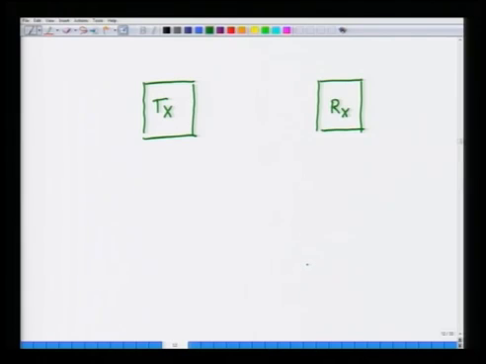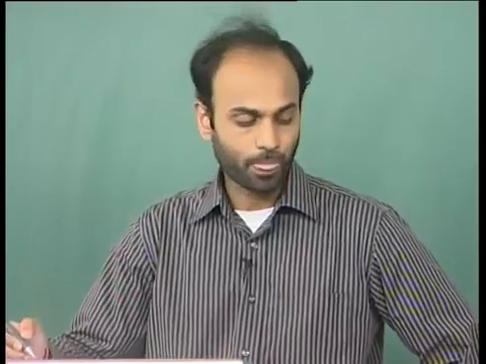And then we have one link. This is not a wire, but a link. A link implies a port where we are transmitting data and another port where we are receiving data. You can also think of these in terms of antennas. Let us say I have one antenna where I am transmitting the data, and another antenna at the receiver where I am receiving the data. All right.